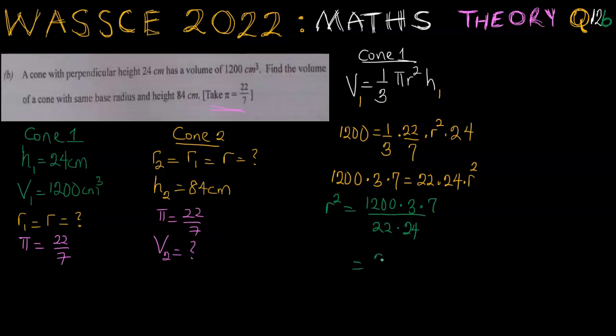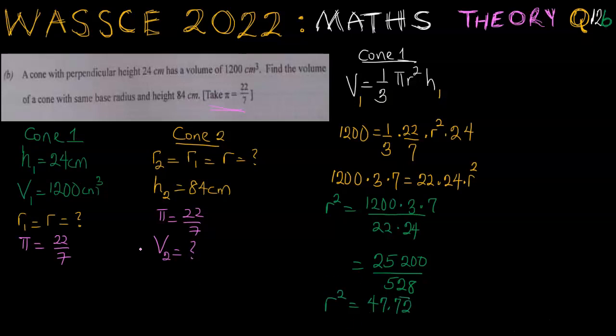The numerator is going to give 25,200 and the denominator is 528. And dividing this, I would get r squared as 47.72. Of course, there is a bar here.